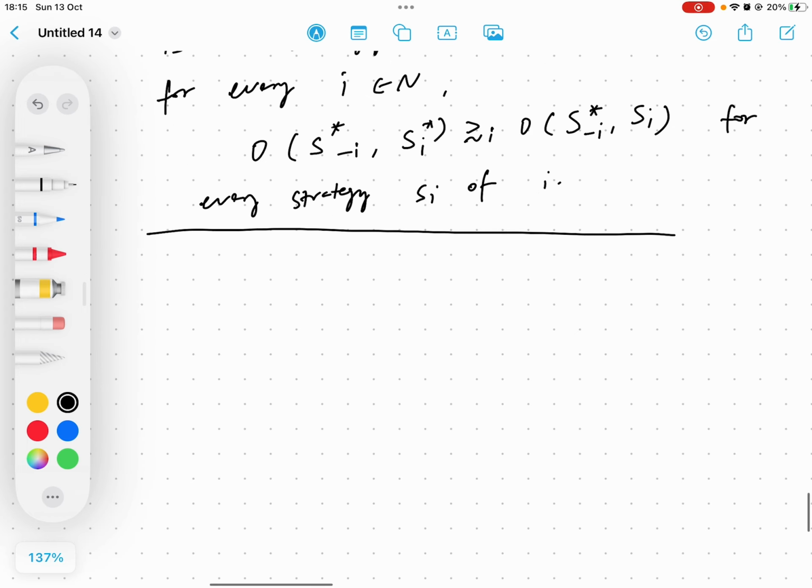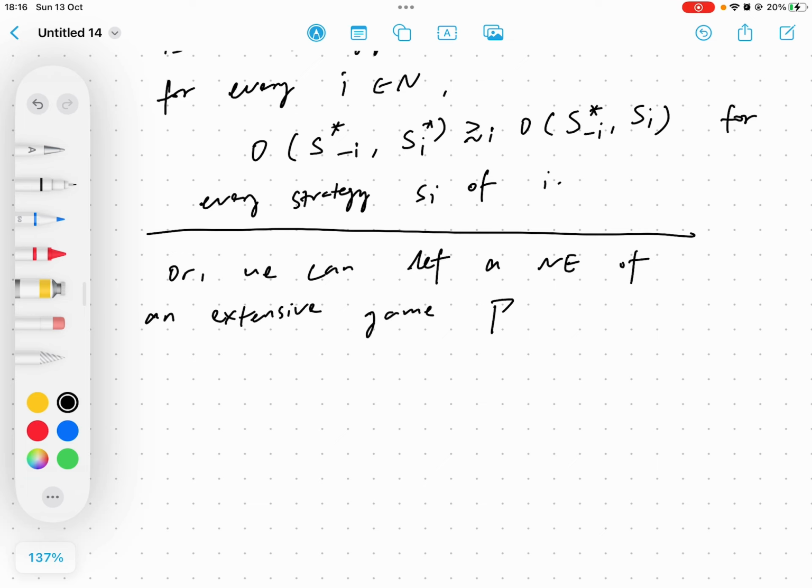We can define it as a Nash equilibrium of the strategic game derived from gamma, defined as follows.